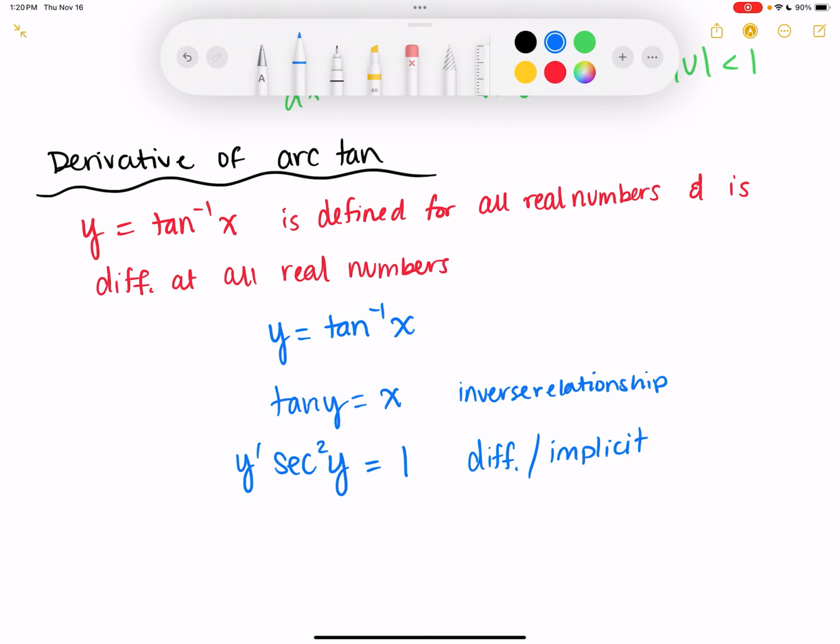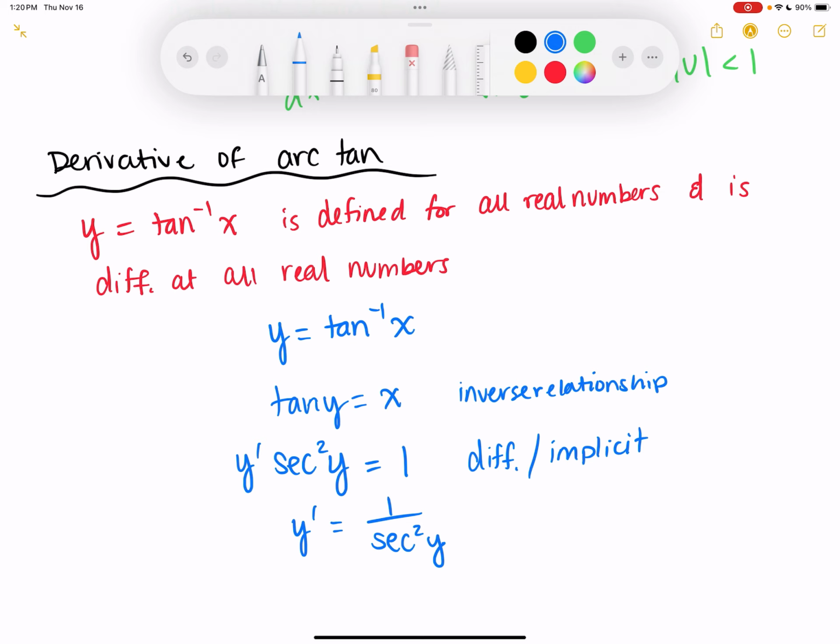All right, so y prime is equal to 1 over the secant squared of y. Now, do we remember the Pythagorean identity that relates secant?